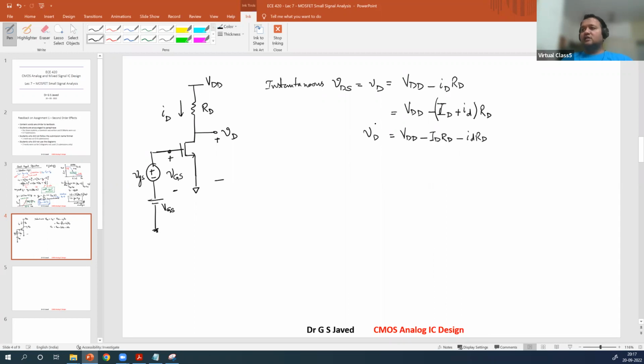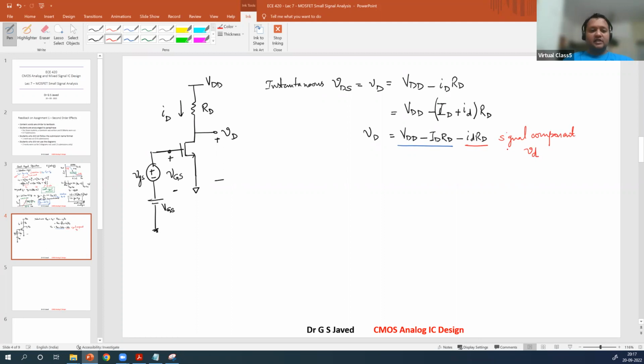Here is the large signal component, and this is the small signal component. So this is the small signal component of drain voltage, small signal component of VD. So this is what you will have to understand.